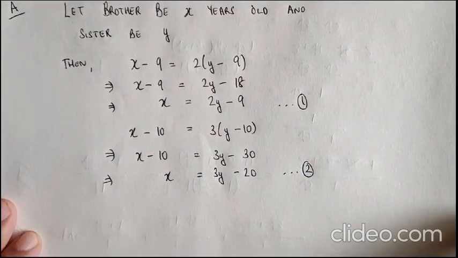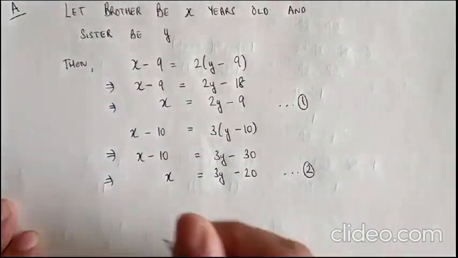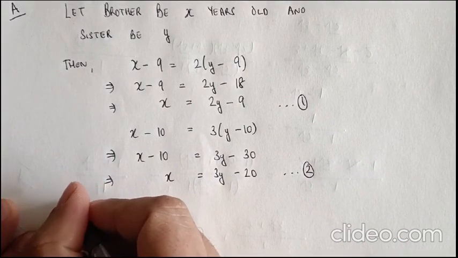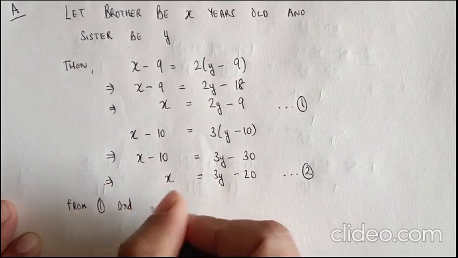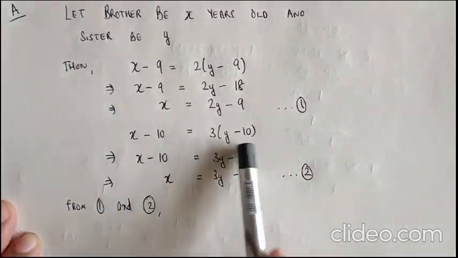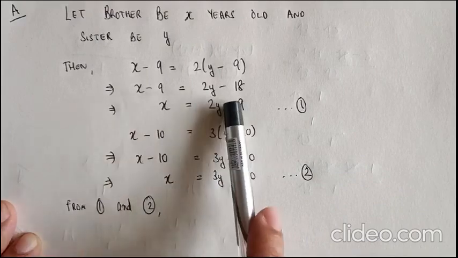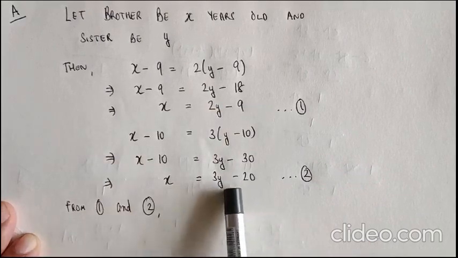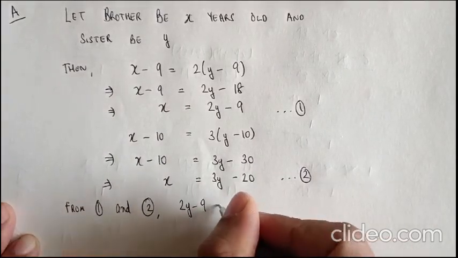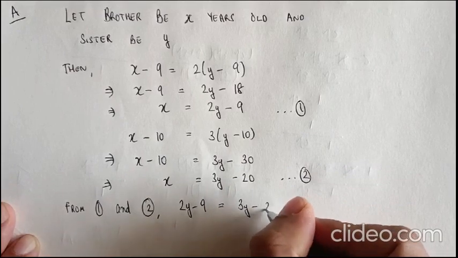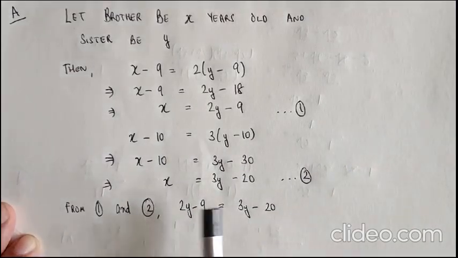So from 1 and 2, what do we get? X is equal to 2y minus 9, but x is also equal to 3y minus 20, which means 2y minus 9 is equal to 3y minus 20. Both of these are equal to x.